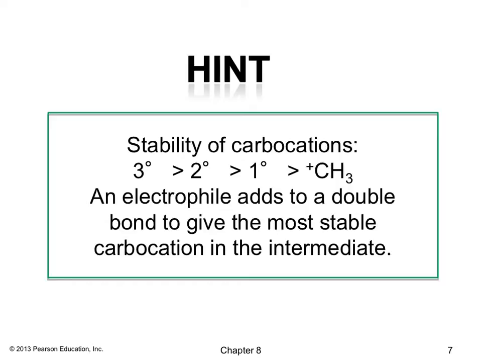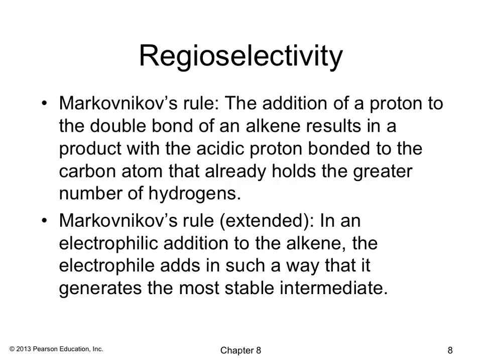In general, the stability of carbocations, as you know from earlier chapters, is tertiary is more stable than secondary, is more stable than primary, and then methyl. So an electrophile will add to a double bond to give the most stable carbocation in the intermediate. In terms of the regioselectivity, it obeys what is called Markovnikov's rule.